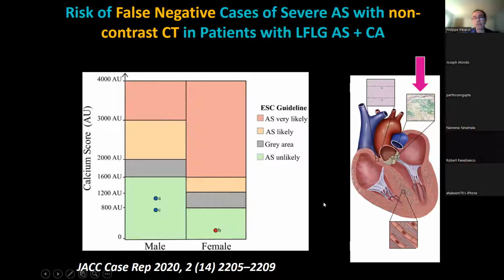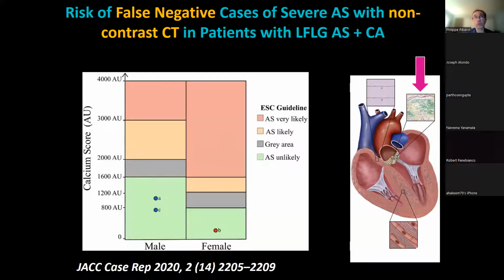There is a little pitfall here: you may have false negatives with calcium scoring in patients with concomitant amyloidosis. Why? Because there is more and more evidence that cardiac amyloidosis may also be involved in the initiation and progression of the aortic stenosis per se.